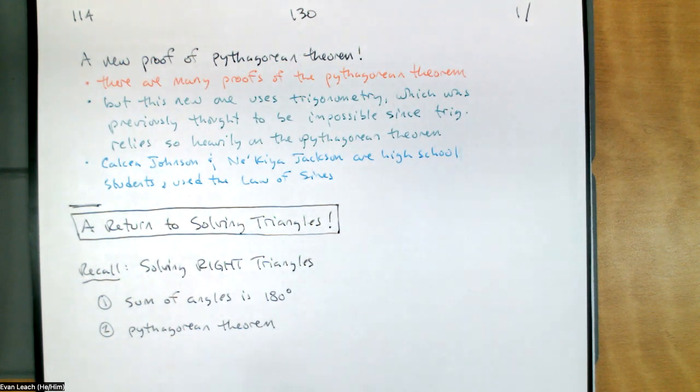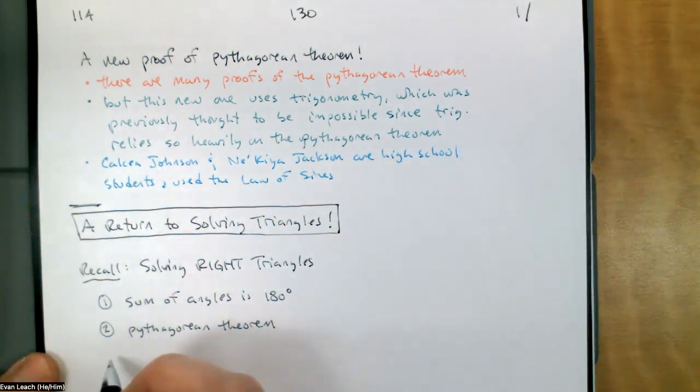The other tool that we have is the trig ratios. The sum of the angles is all about the angles. The Pythagorean theorem is all about the sides.